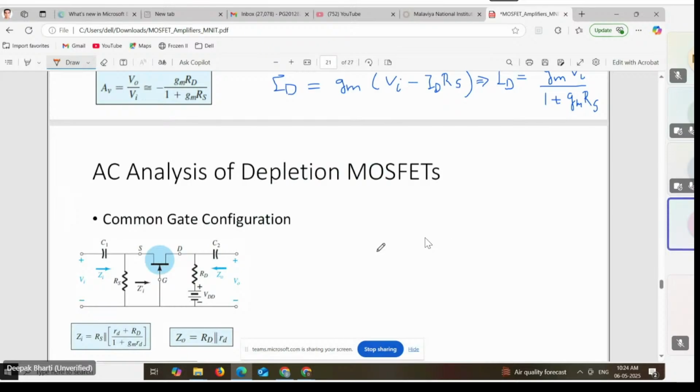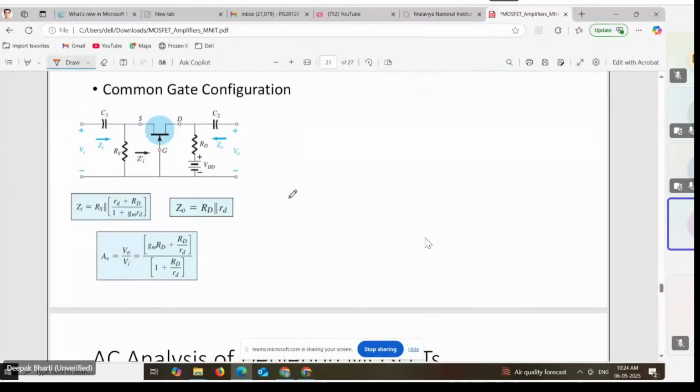Like the common gate configuration, the procedure will remain the same. You have to apply the normal electrical analysis rules like KVL and KCL in the input and the output side to determine the required ratio. For ZI, you have to obtain the ratio of VI and II. For Z0, you have to obtain the ratio of V0 and I0 at 0 volt of VI.